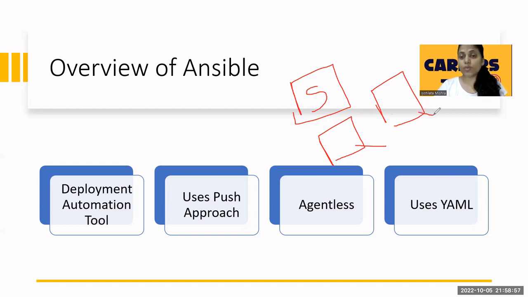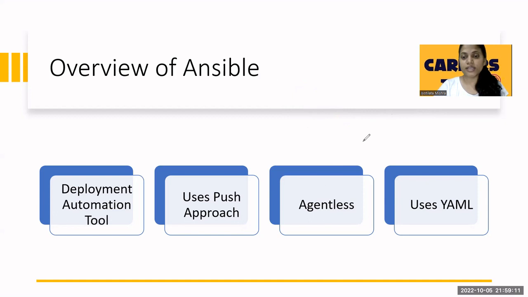But in case of Ansible, whatever changes or installation you have to do, you have to do it only on this machine which has the Ansible server. So hence you see this advantage, it's agentless.